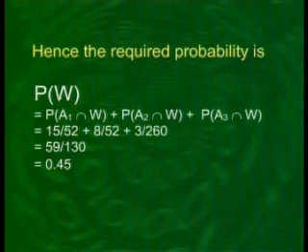Hence, the required probability is probability of W equal to 15/52 plus 8/52 plus 3/260, and that is equal to 0.45. In other words, the chances are 45% that if two balls are transferred from the first bag into the second one, and then a ball is drawn from the second bag, this ball is white.